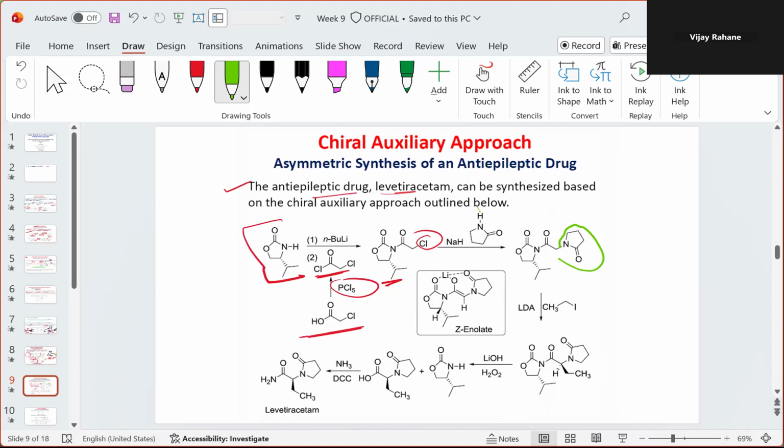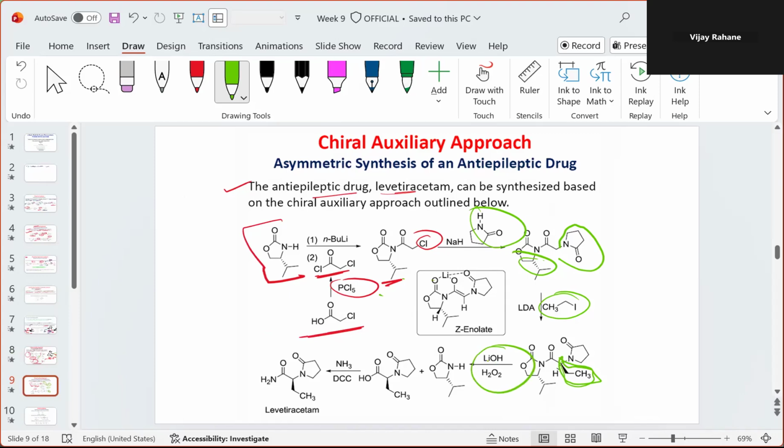Just the chloride is substituted with this group, and when you add the LDA and the ethyl iodide, what do we get? We get this product in which you can see this ethyl group has been directing upward. Why? Because in the chiral auxiliary we have this bulkier group which is directing downward, and that governs the attack of the new incoming electrophile, which comes from the upward side.